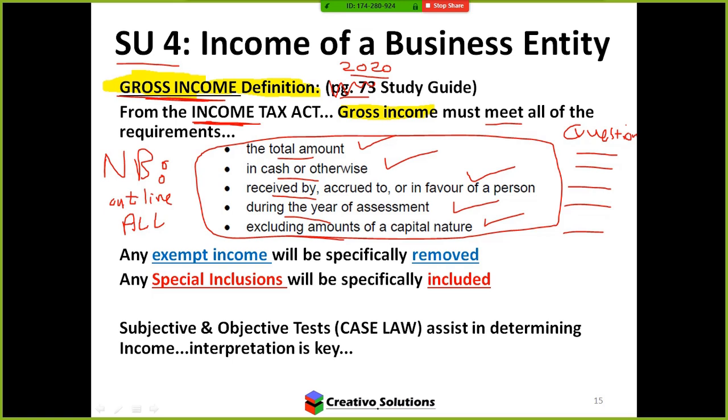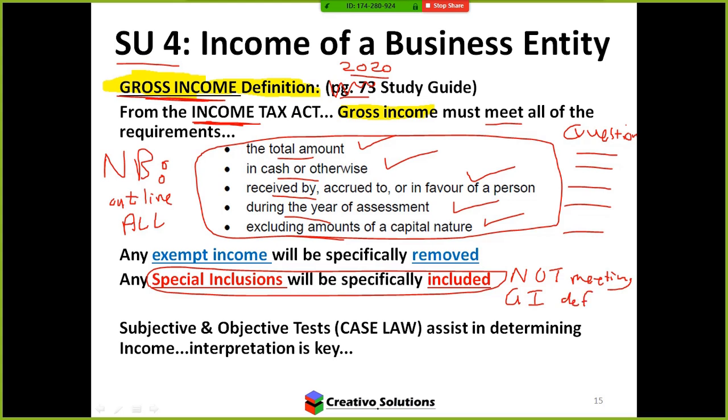If it doesn't meet all the requirements, then it could also be a special inclusion, where it's specifically included. So it doesn't meet the gross income definition, but is still included.